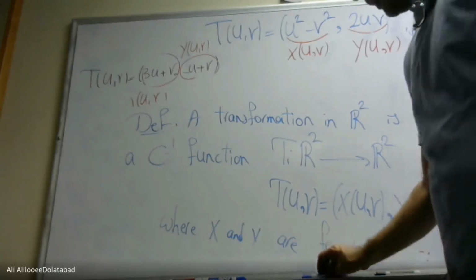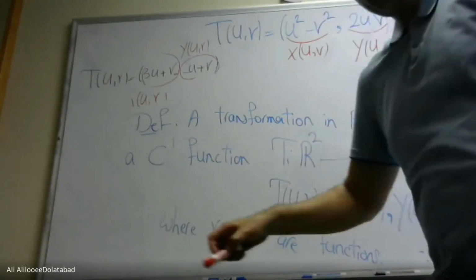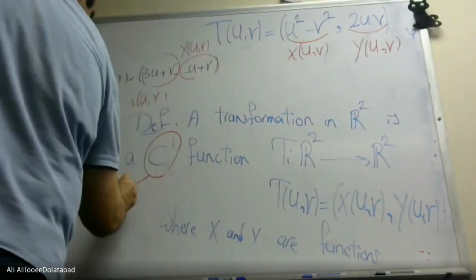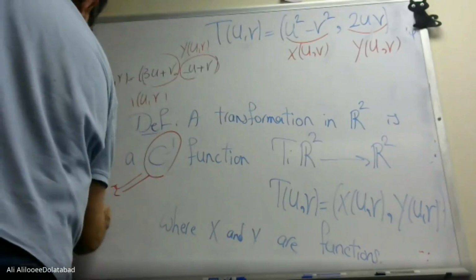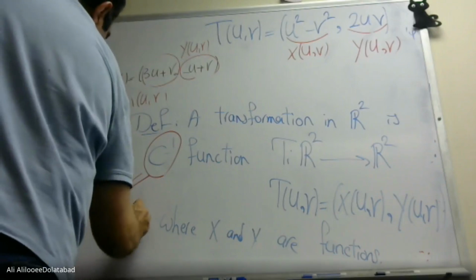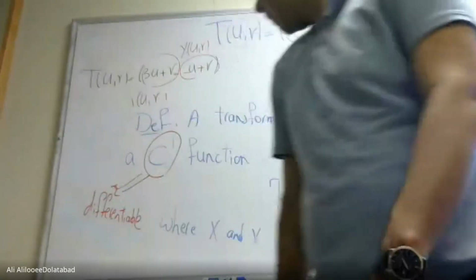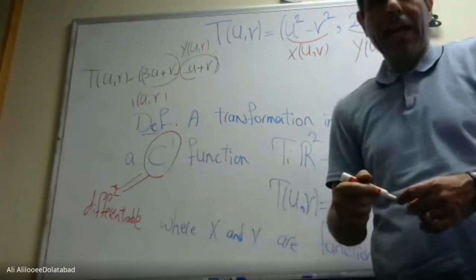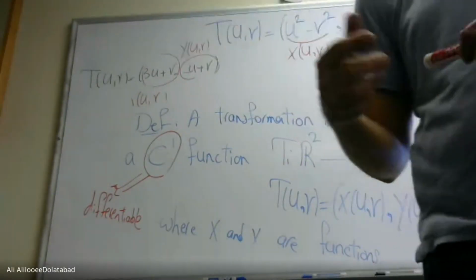Again, what does it mean when we write C1? C1 means differentiable. C1 is a mathematical notation which means differentiable. When people write 1 as the power, it means one time differentiable.